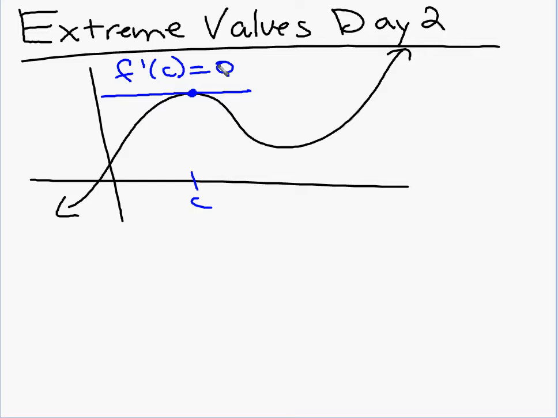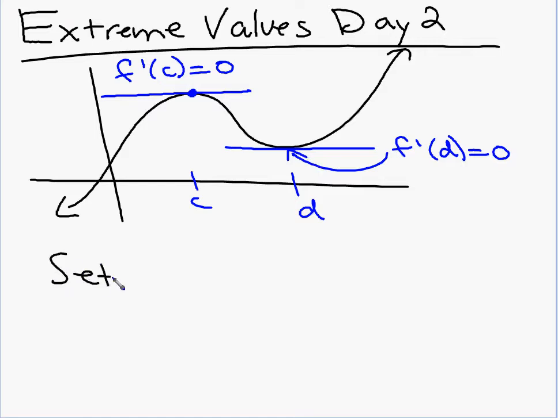And if I were to come over to D and do the same thing at this minimum, f prime of D is also equal to 0. That is a key thought. So if I know that, how do you think I can analytically find where these maximums and minimums are? I heard a couple people whisper it.